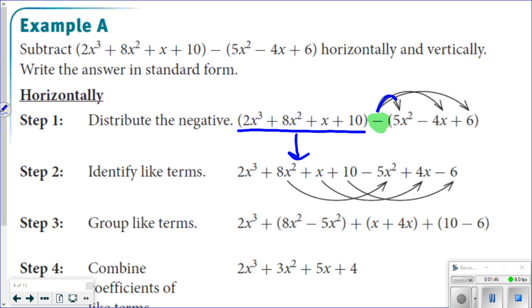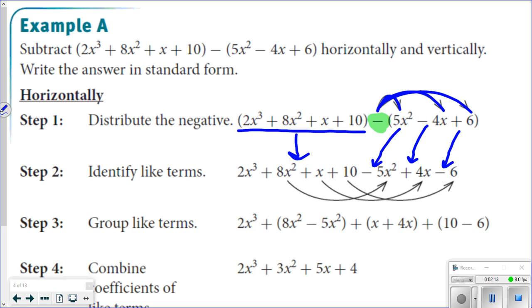So this negative is distributed to the 5x squared, to the negative 4x, and to the 6. So this positive 5x squared becomes a negative. Negative times negative 4x, this turns into a positive. Negative times positive 6, this turns into a negative.